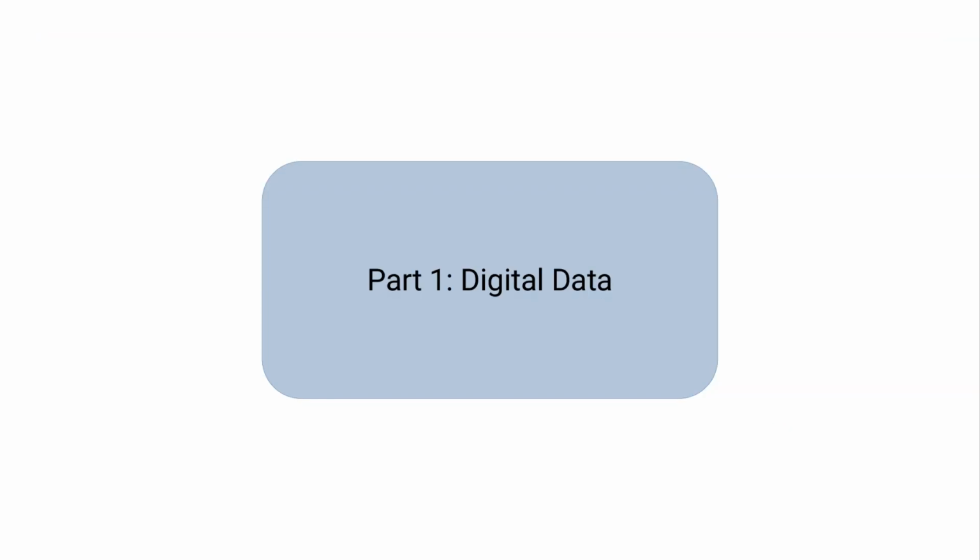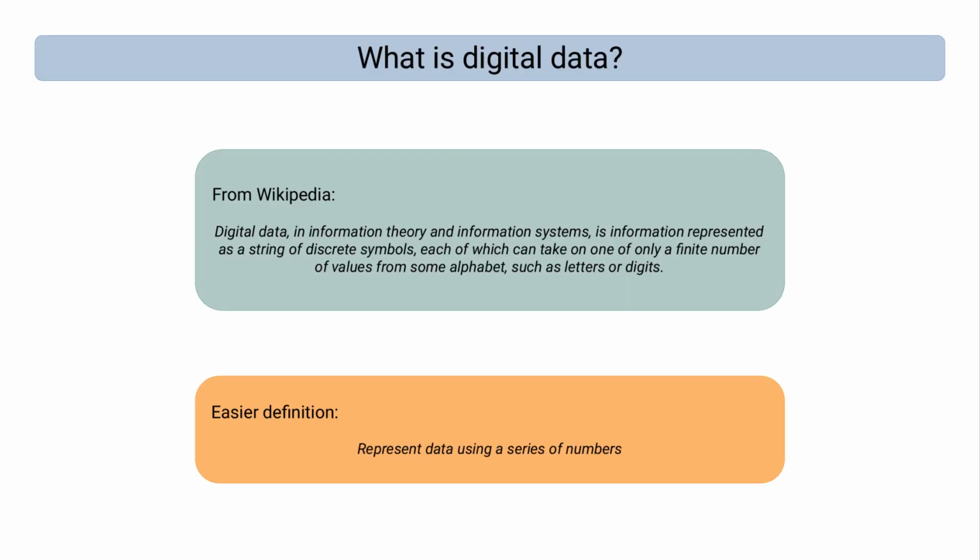All right, now for part one, digital data. Now, if you go on Wikipedia and look up the definition of digital data, it'll give you a very long definition, which is the most accurate one. But since we're oversimplifying everything in this course, let me just say that digital data is simply representing data using a series of numbers or digits.